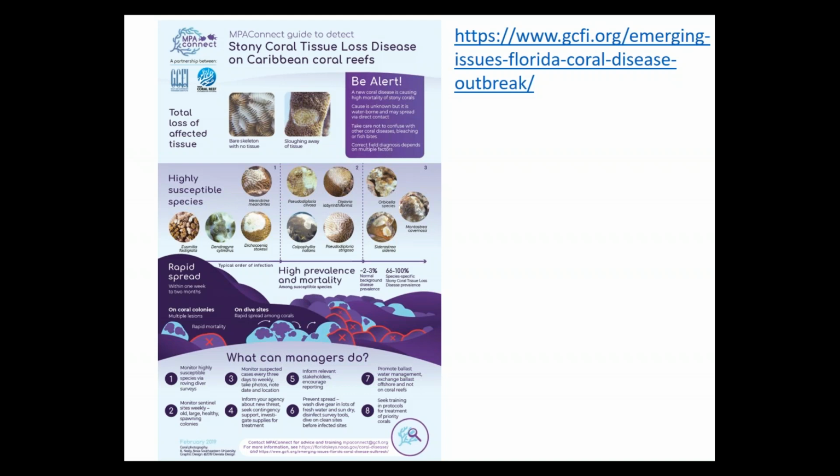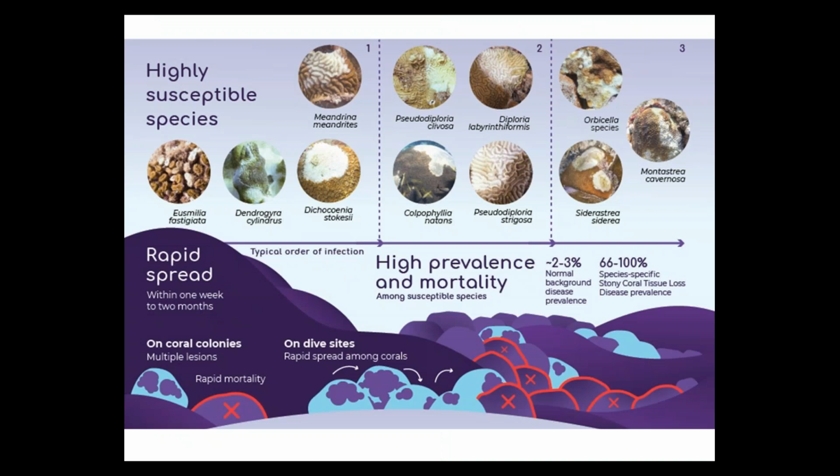So looking at the maze corals, the pillar corals, the elliptical star corals, and the smooth flower corals, and then the brain corals are the first species to show those signs. And this one-pager was developed by MPA Connect. That's a partnership between the Gulf and Caribbean Fisheries Institute and NOAA's Coral Reef Conservation Program. And this is a handy one-pager that can be printed out and shared.